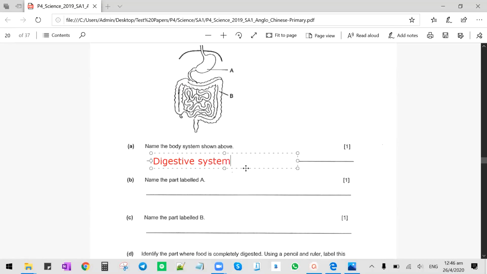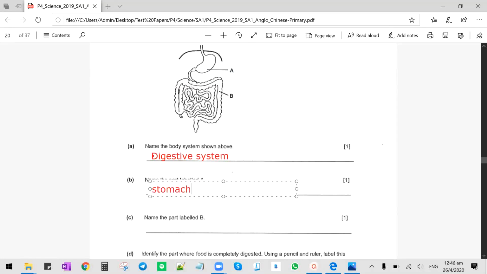Name the part labeled A. The part labeled A is stomach. This one you must know. Labeled B looks bigger than the one inside, so it's the large intestine. Also, the large intestine is outside. Then the small one over here is the small intestine.